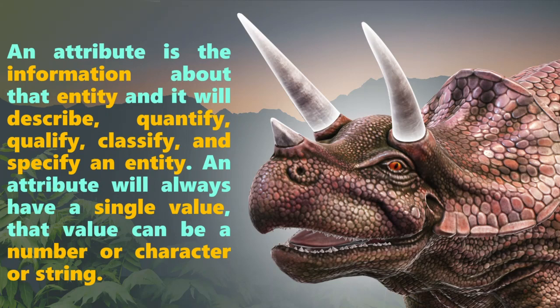Not only getting the information, it describes an entity, it quantifies an entity, qualifies an entity, classifies an entity, and specifies an entity. So it's not giving the information alone, it is describing: it says how much quantity it is, how qualifying it is, how to classify it, and what specific entity it is.